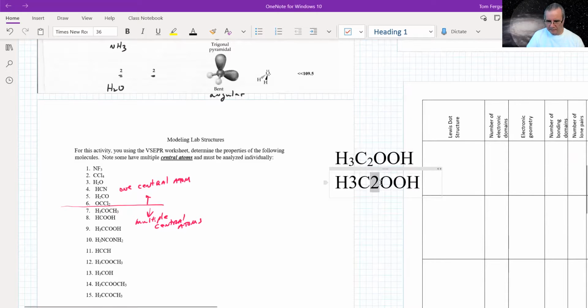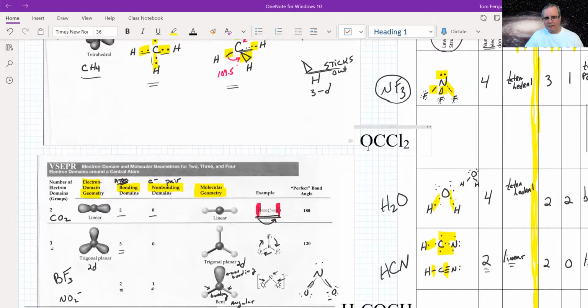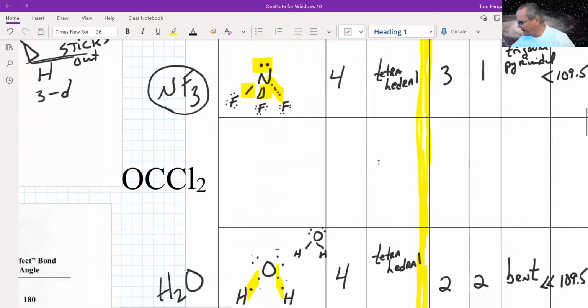Okay, all right, so let's look at this here. OCCl2. What is that going to look like as far as a dot structure? That's the first step, do the Lewis dot structure, okay?